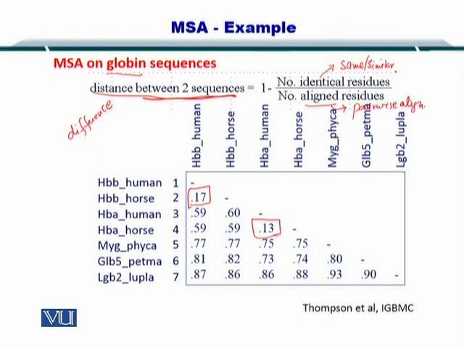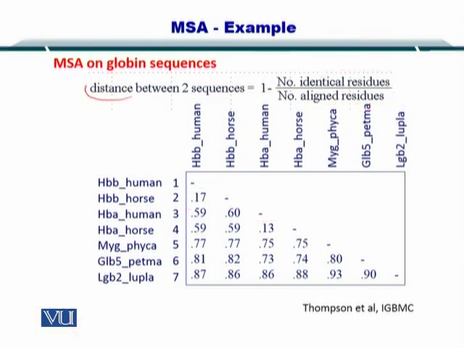So you take this ratio and you subtract this from 1 and you arrive at the distance or difference between the two sequences. So once you have the distance between all sequences, then you can construct something called a distance matrix.